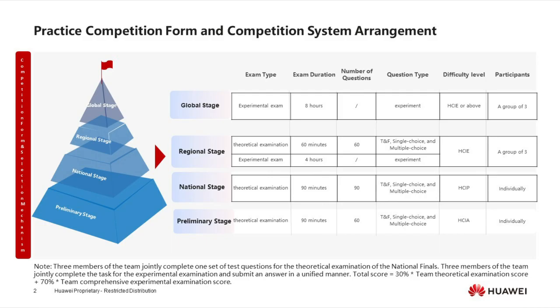If you can successfully pass this stage, you will be able to enter the next stage, which is the national stage. Again, at this stage, the questions are still written questions. You will have another 90 minutes to finish the questions. The difference is that you will have more questions at this stage, which is 90 questions, and the difficulty would also increase up to HCIP level.